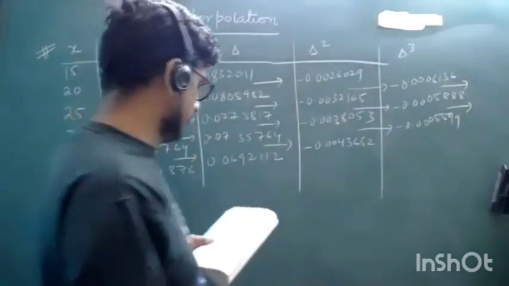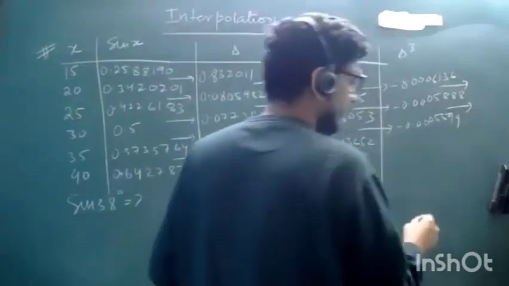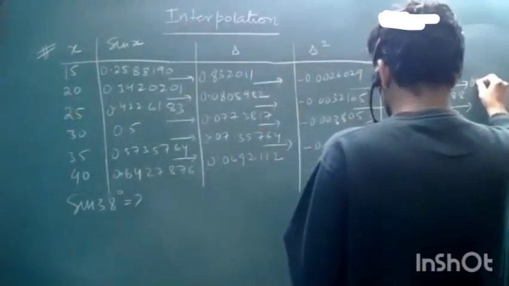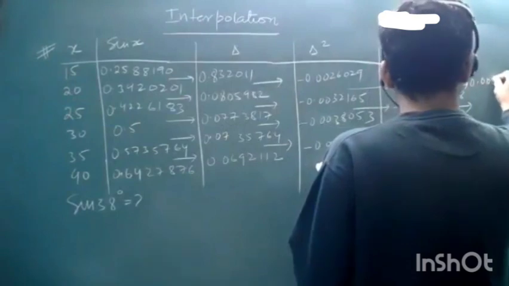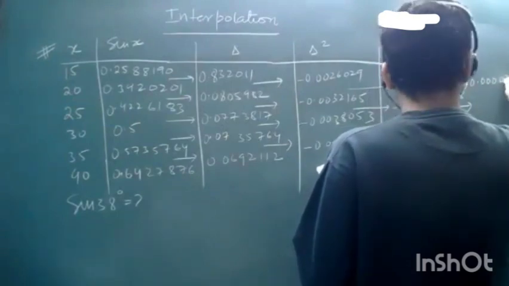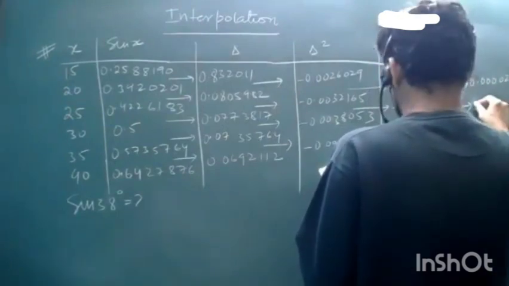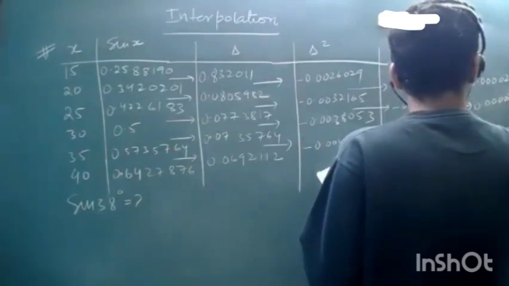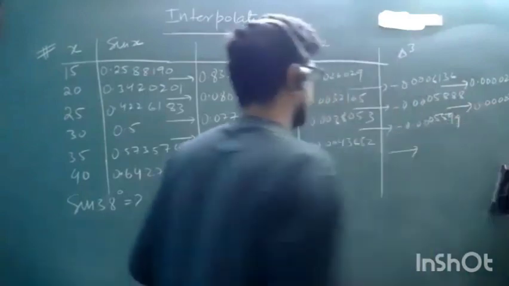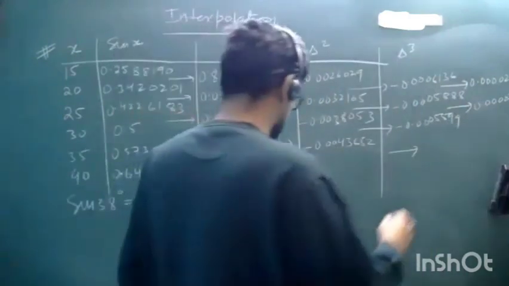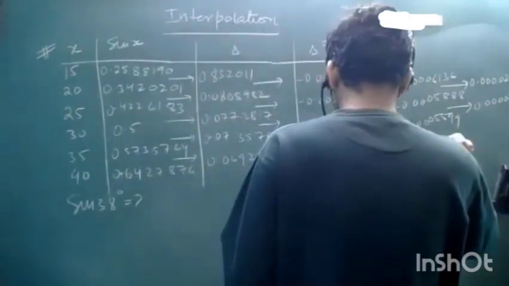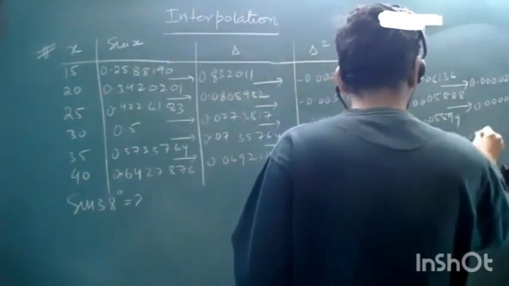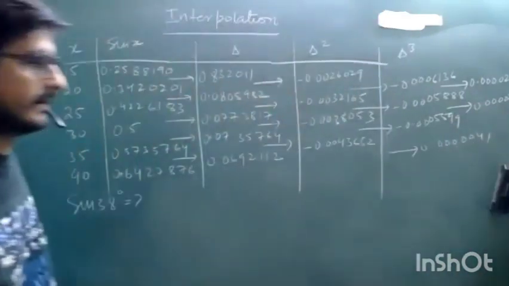Then the 2 values I will write. So they will be 0.1234248 and 0.1234289, and then one more subtraction of this. So that will be 0.0000 0.0041. Okay, this is the last one.